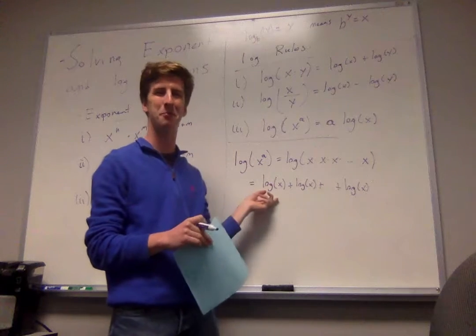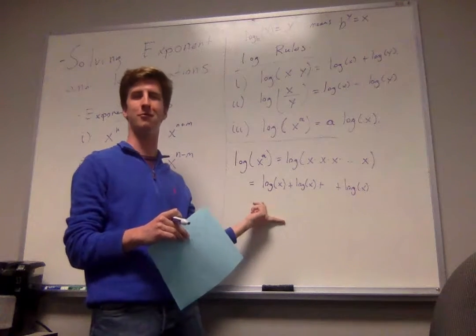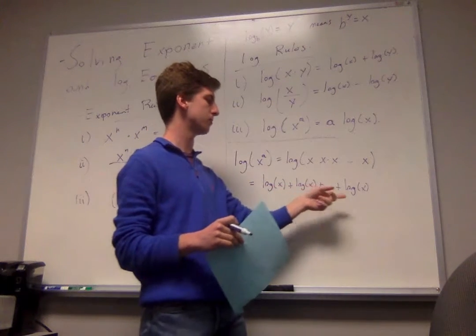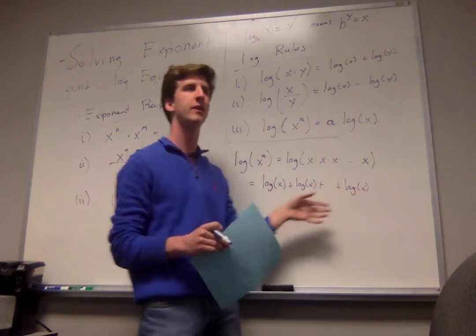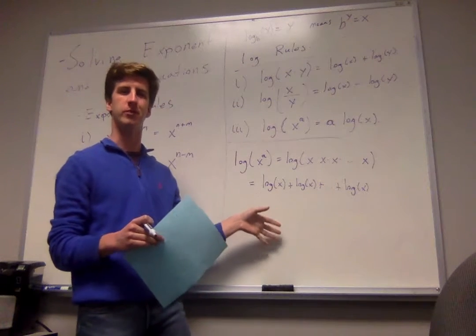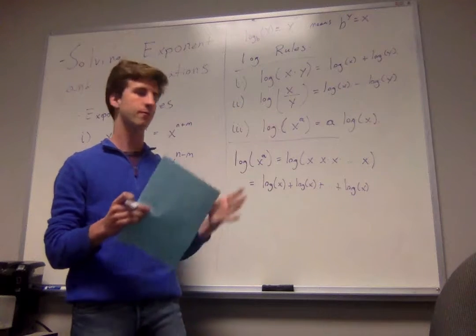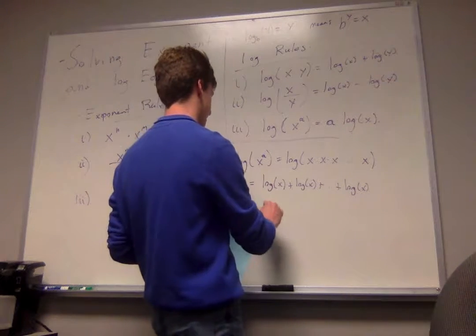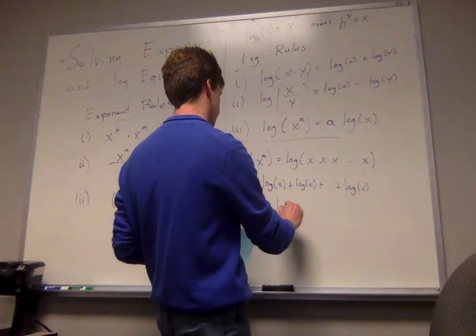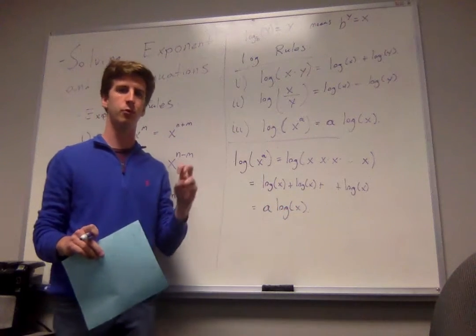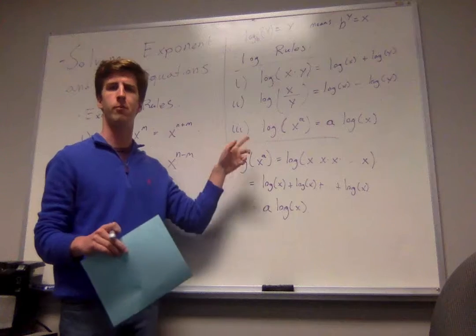I don't know how you'd say that. What is the plural of logs? I don't know. But this is just like saying 2 plus 2 plus 2 plus 2 plus 2 however many times, and it's similar to multiplication, because multiplication is just adding the same thing a bunch of different times. So this is the same thing as a times log of x. So that's sort of a proof, if you will, of the third property.